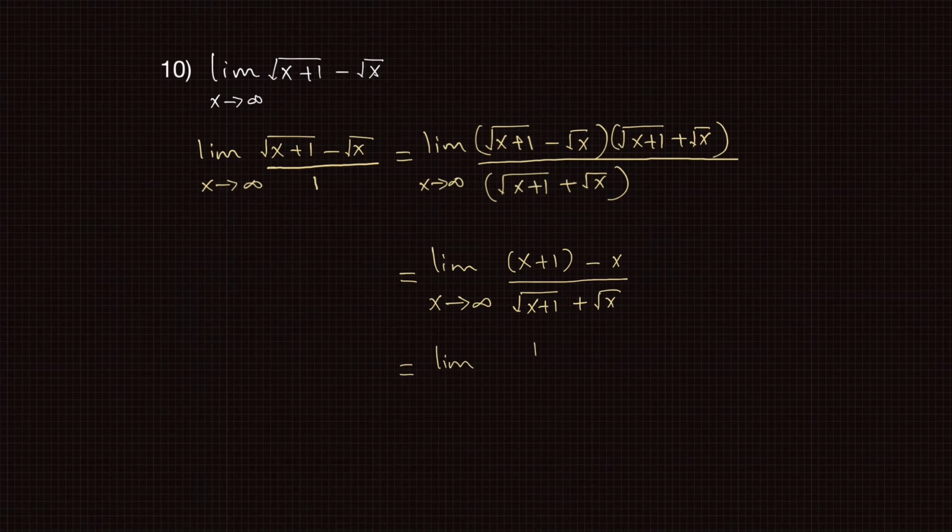Cancelling out the x in the numerator, we have the limit of 1 over root x plus 1 plus root x as x approaches infinity, which is equal to 0.